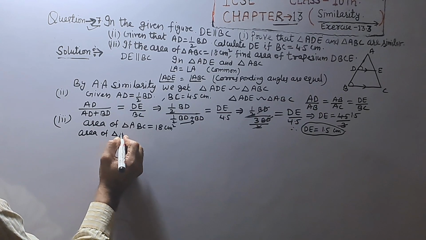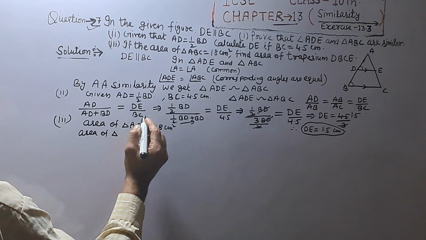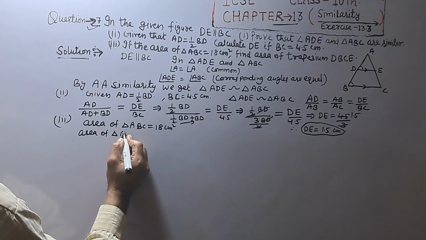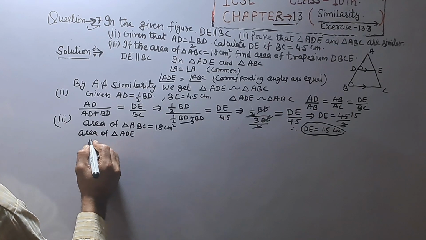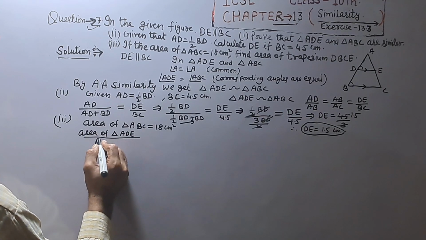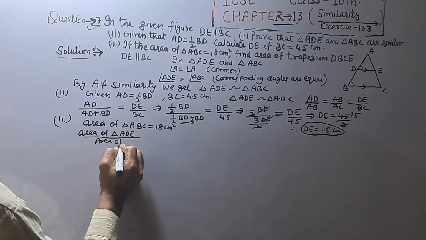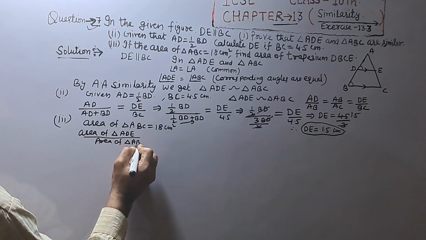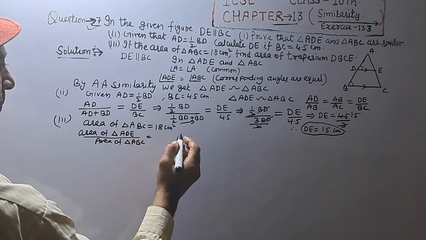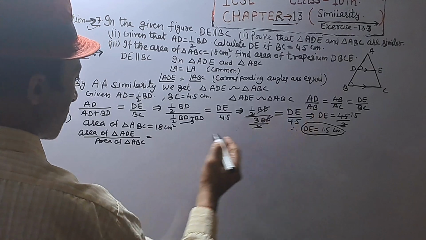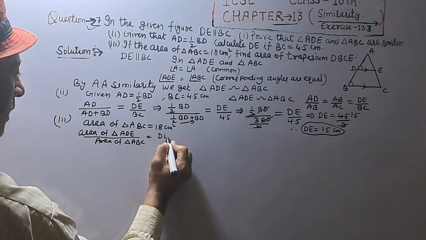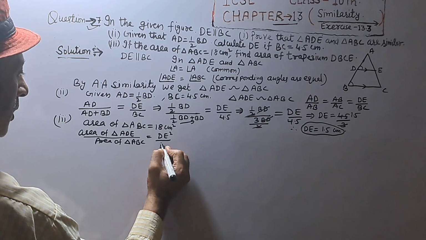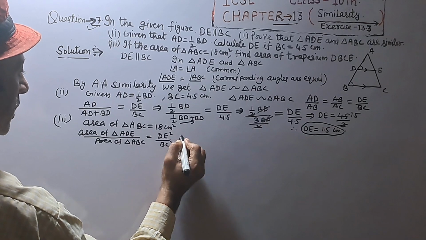Area of triangle ADE upon area of triangle ABC is equal to DE square upon BC square.